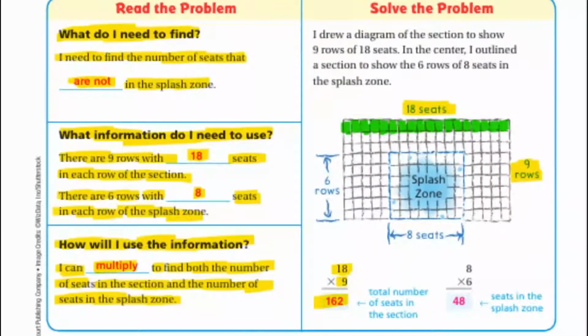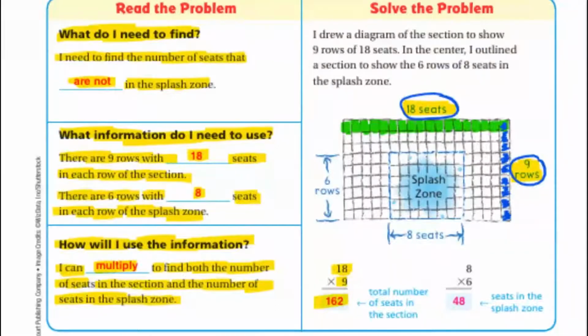How many rows do we have here? 1, 2, 3, 4, 5, 6, 7, 8, 9. So we have 9 rows. Each row equals 18 seats. So to get the total number of seats in the section, you have to multiply them by each other.